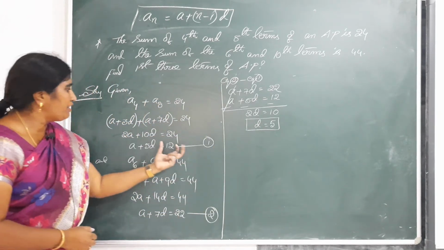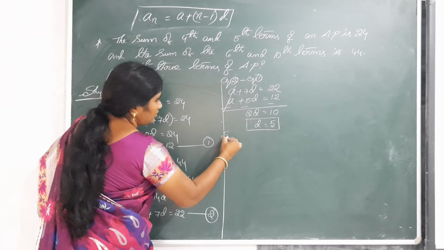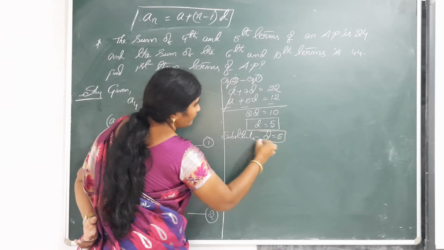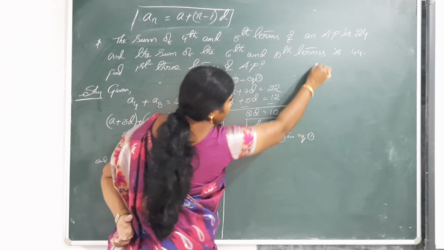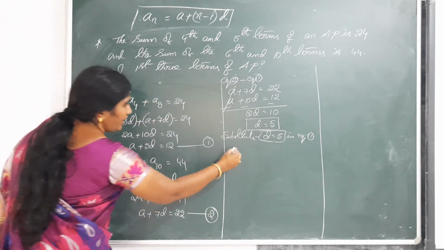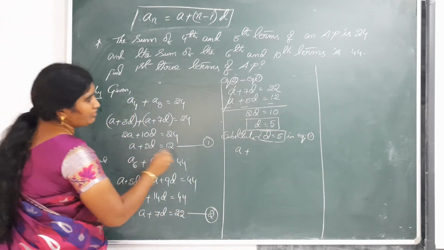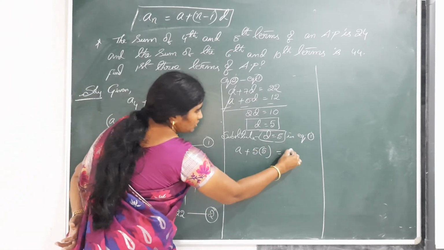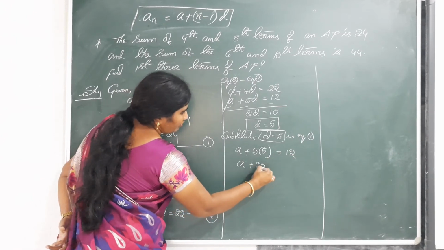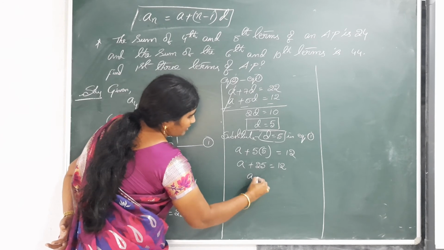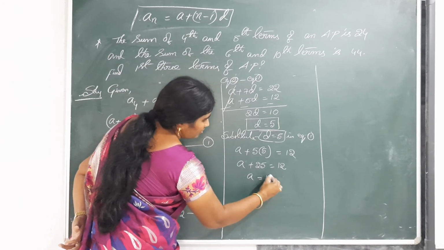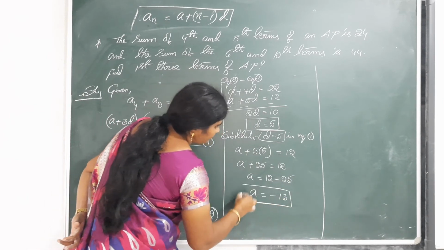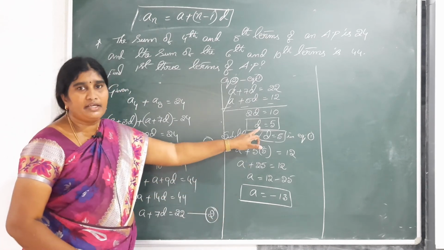Substitute D equal to 5 in equation 1: A plus 5 into 5, that is 25, equal to 12. Then A equals 12 minus 25, so A equal to minus 13. A equal to minus 13, D equal to 5.